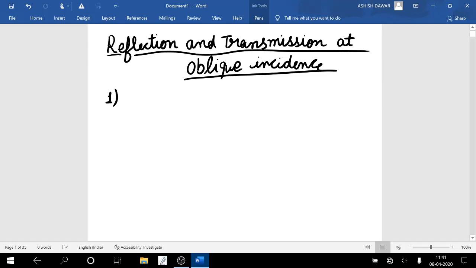First one is kinematic properties, and the second one is dynamic properties.